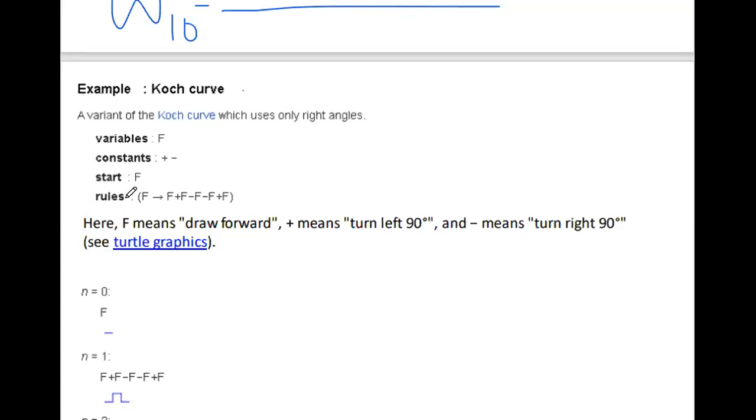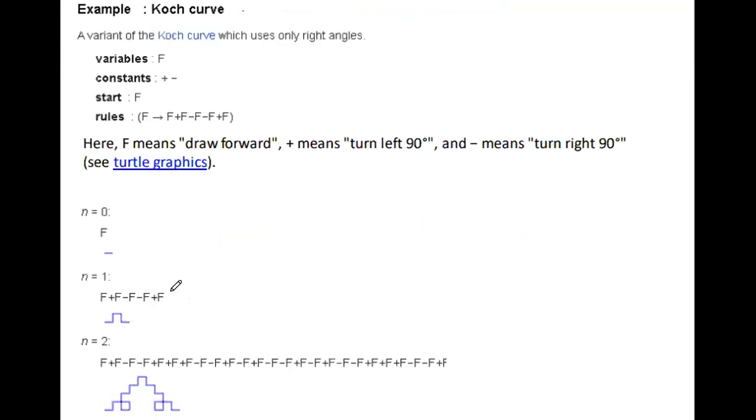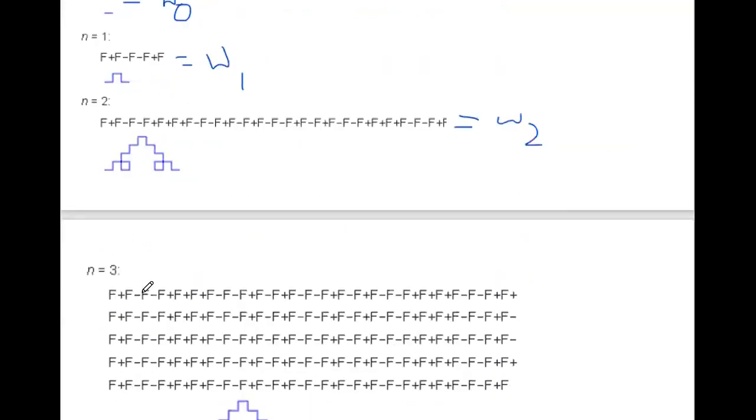Then you can generate rewrites. Using this rule, this is the first rewrite, and this is the initial word, the axiom. You can generate the first rewrite, second rewrite, like that. This is the third rewrite.